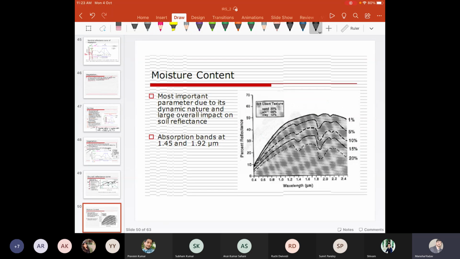When we analyze the moisture content, you see over here, due to the moisture content, if let's say it is 5%, then the entire curve shifts downward, where the valley location further depends.